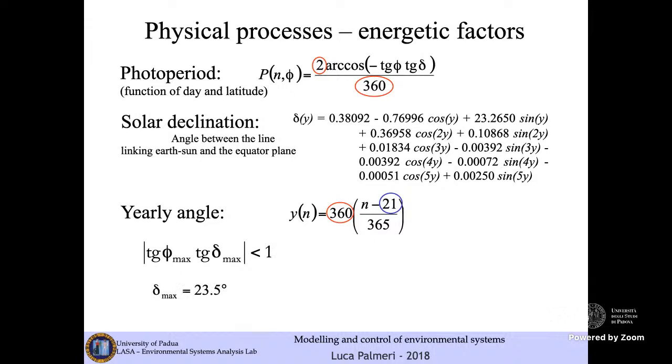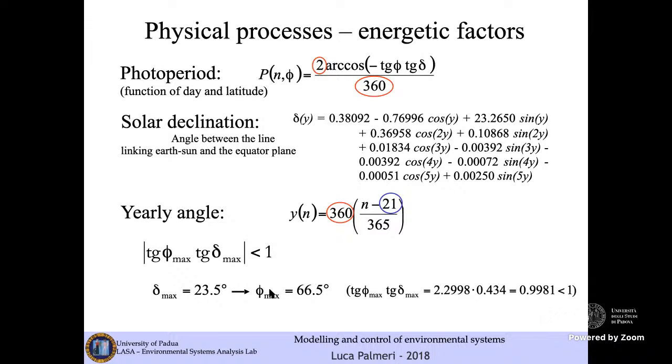Because the maximum solar declination is 23.5 degrees. This is due to the fact that our planet is revolving around the sun on its fixed orbital plane. Then, as a consequence, we have that the maximum latitude we may consider is 66.5 degrees.